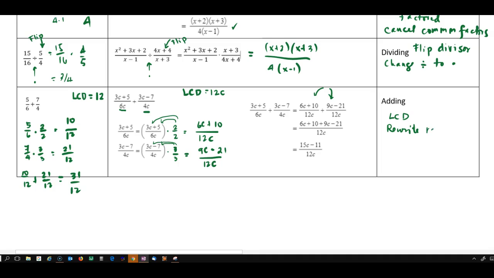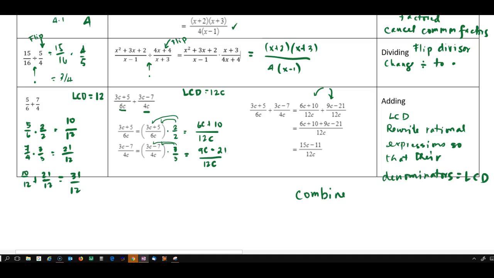Rewrite. And after they have the same denominator, you can combine the numerators. And that's the summary for rational expressions.